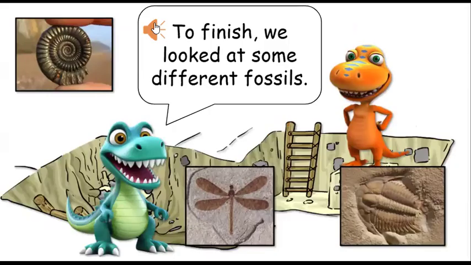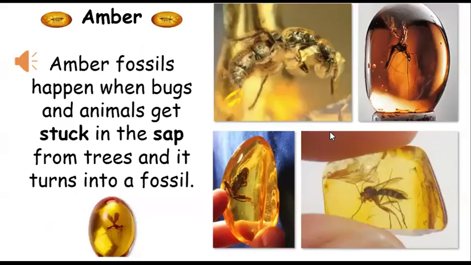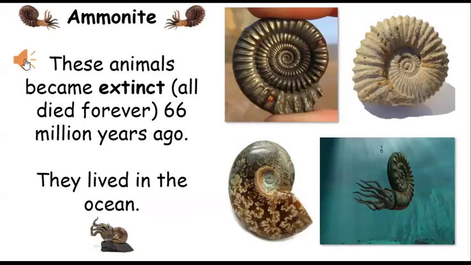To finish, we looked at some different fossils. Amber. Amber fossils happen when bugs and animals get stuck in the sap from trees, and it turns into a fossil. Ammonite.